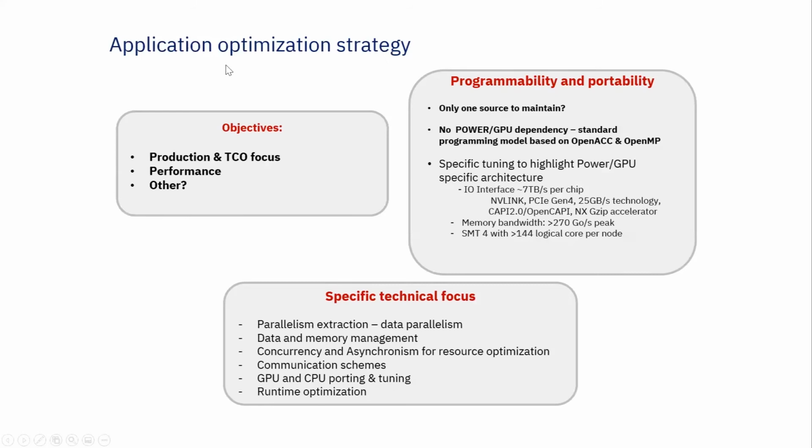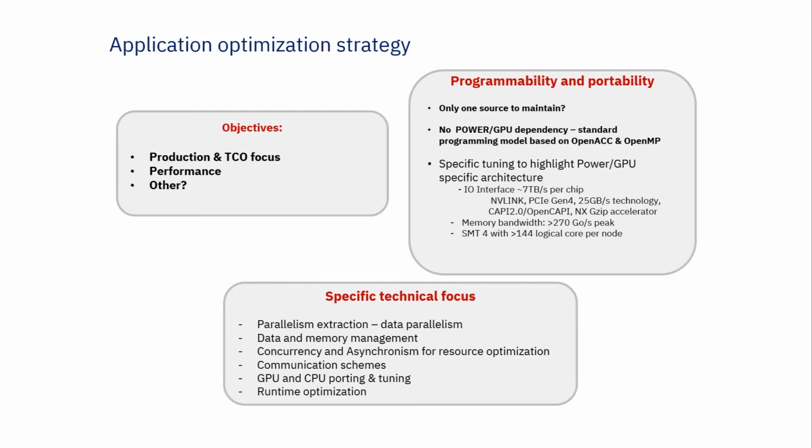Then, from the application optimization strategy, it's very important to understand what the objective is. Is it pure performance? Is it production and total cost of ownership focus? Is it energy? There are a lot of parameters to take into account before choosing the way we will optimize an application, and especially the programming model that we'll use.